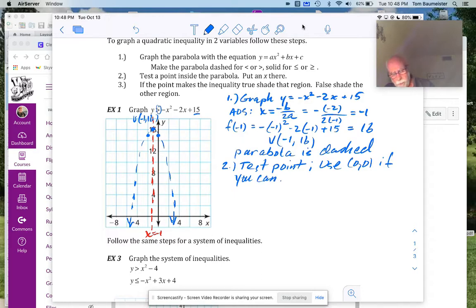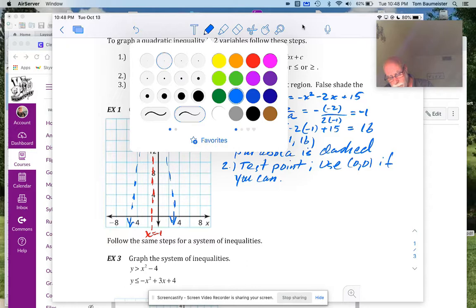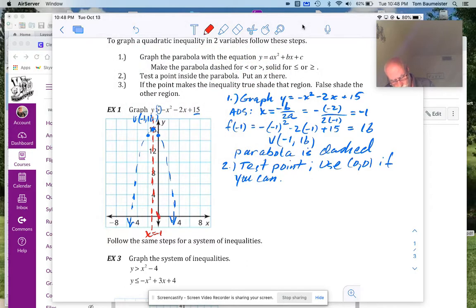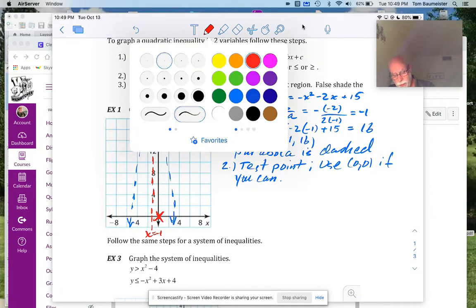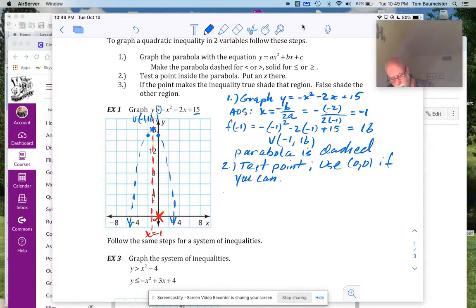I told you we're going to put an X there. So we plug in that x and y, so our y is 0.